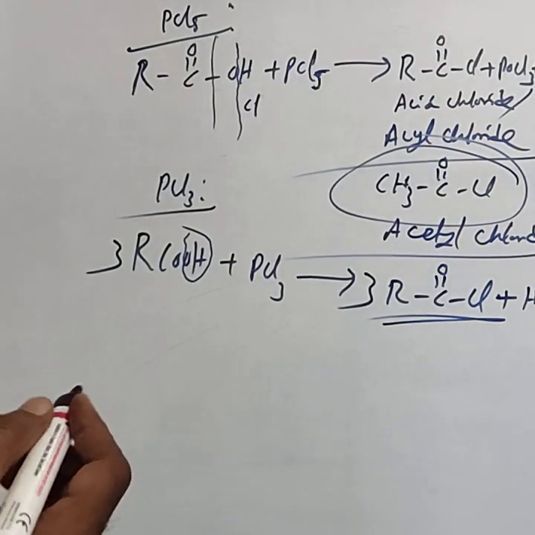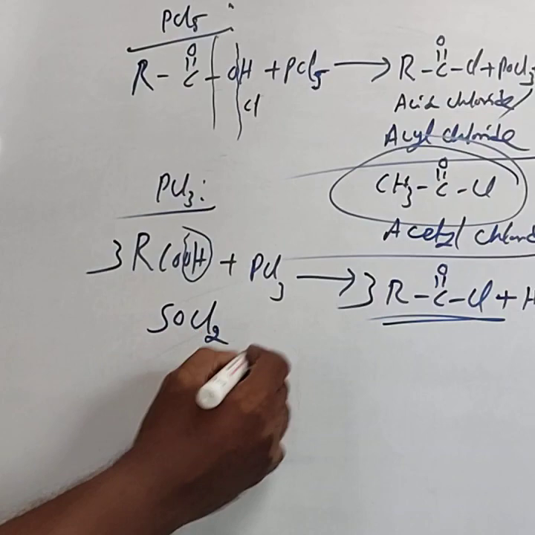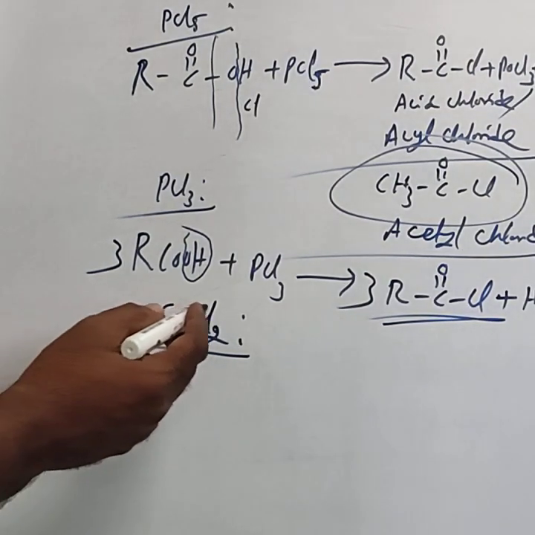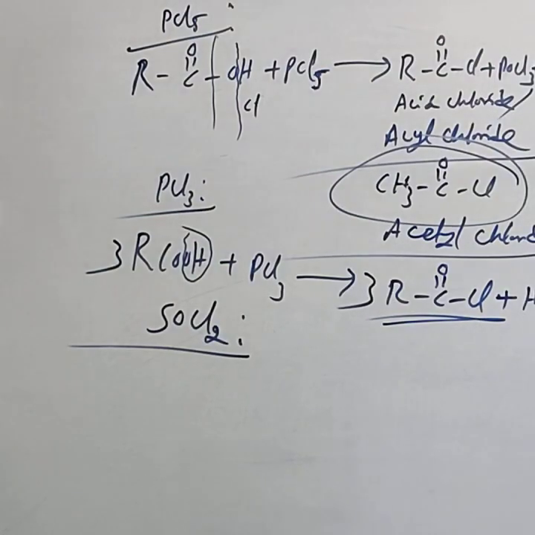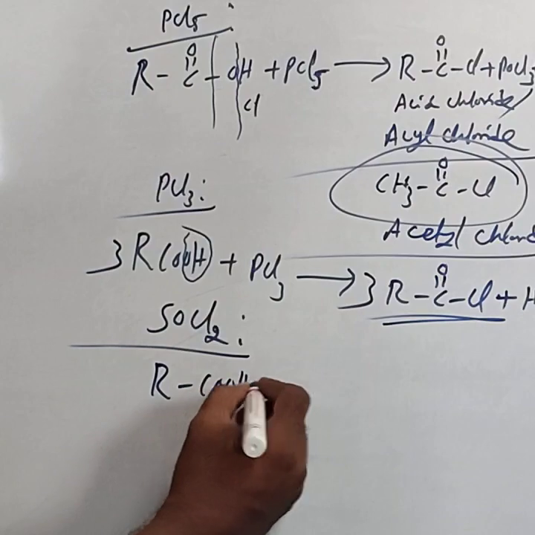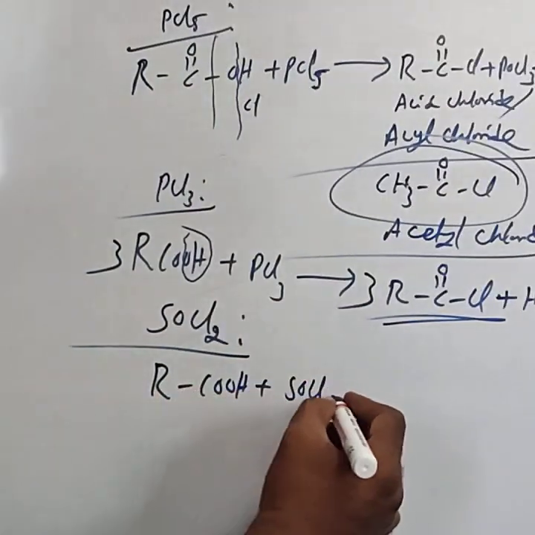Similarly, the reaction with thionyl chloride. Thionyl chloride means SOCl2. We used the thionyl chloride formula in the alkyl halides chapter, in Darzens process. The formula of thionyl chloride is SOCl2. These carboxylic acids react with thionyl chloride, SOCl2.